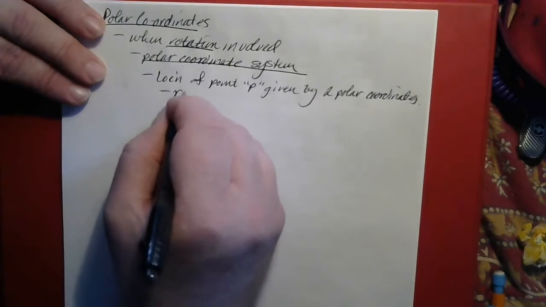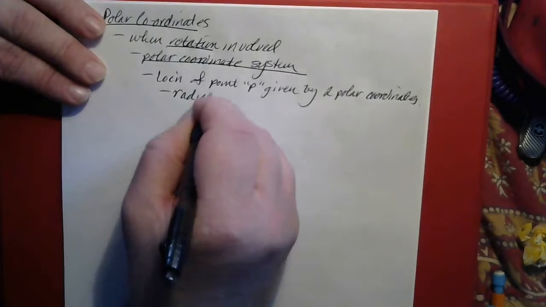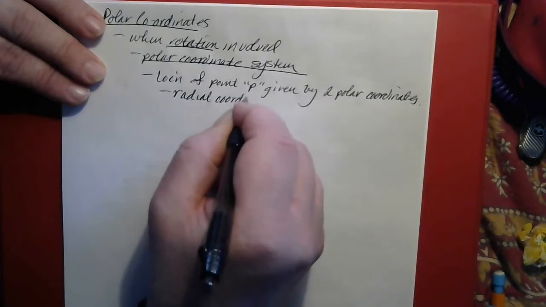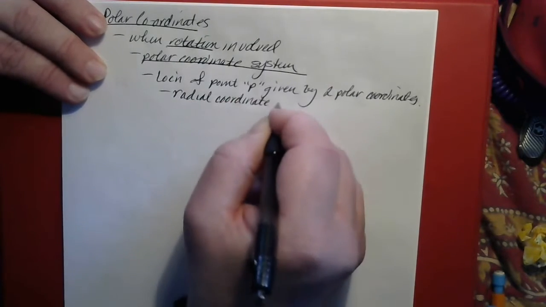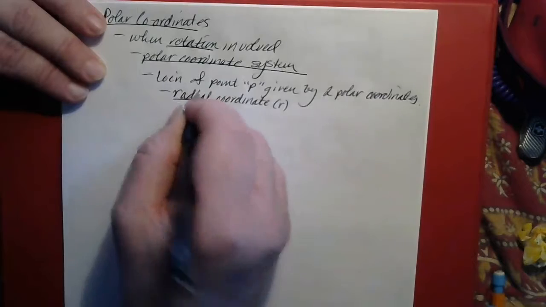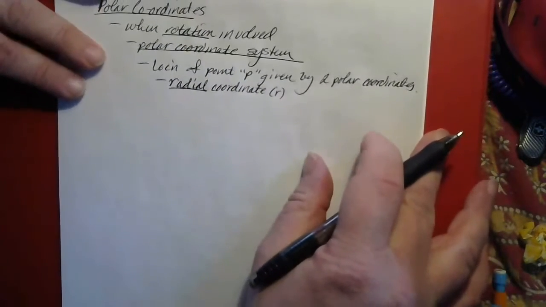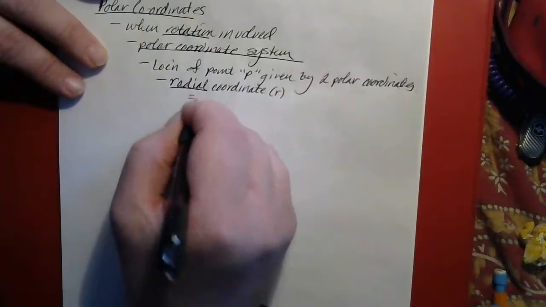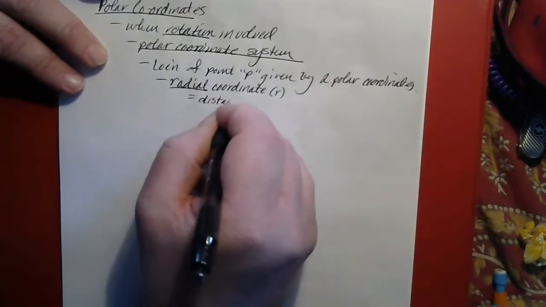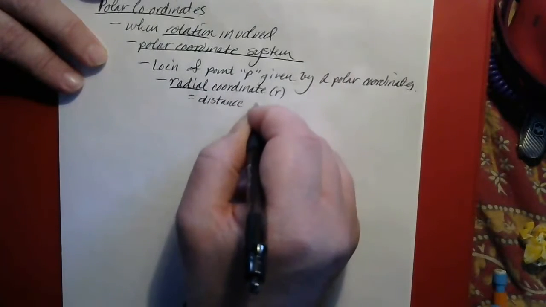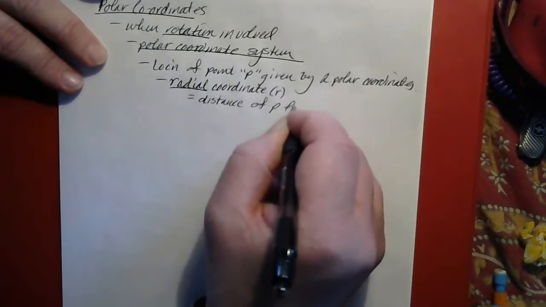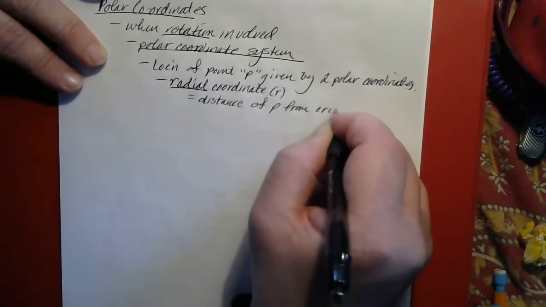One of them is known as the radial coordinate, and that is called r for radial. Funny how that worked out. And that is the distance of P from the origin.